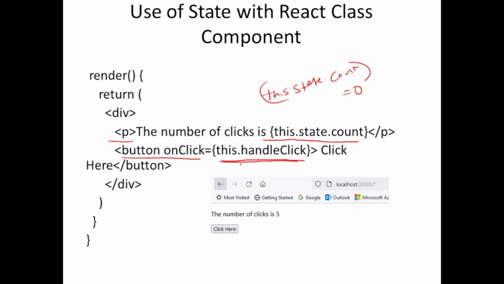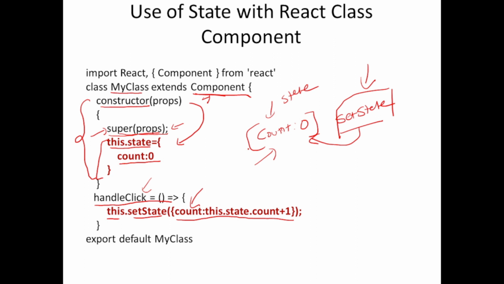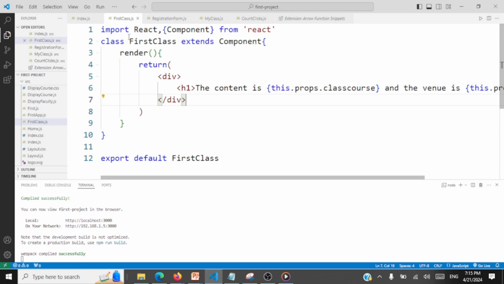So let's try and execute this. Let's see what will be our output. Let's go to the first class component which you have created. We'll modify it to include this code. So here we have our first class component which we have already coded. Now let us change this class component to manage state as we have seen on the slides.